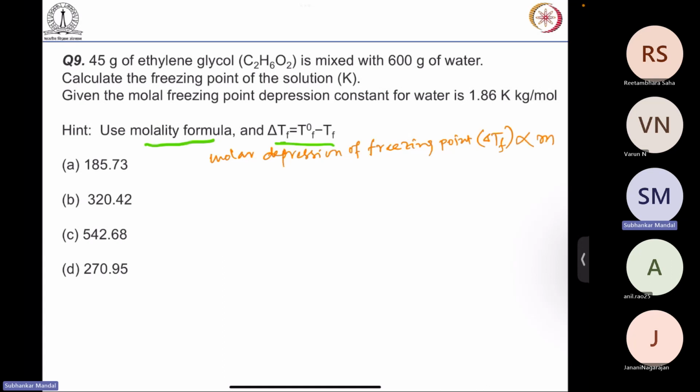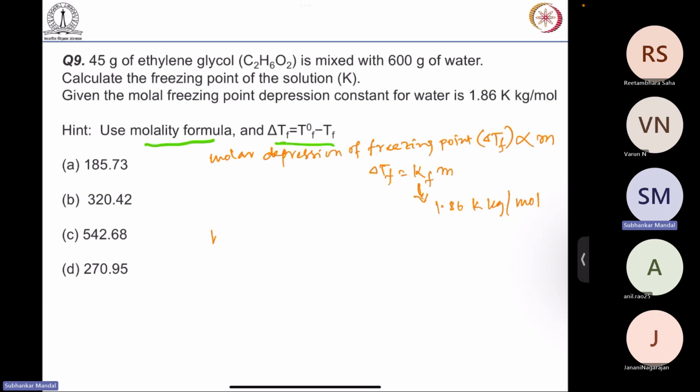We learned this last class or the class before. So del TF is equal to Kf times molality, where Kf is the molar depression constant. They have given this value as 1.86 Kelvin kg per mole.